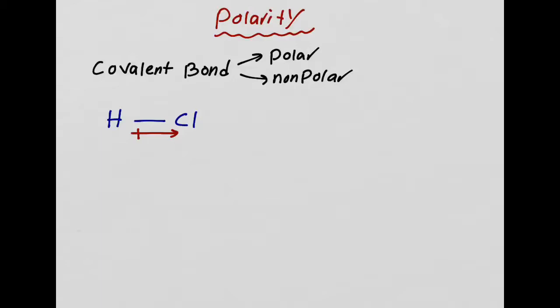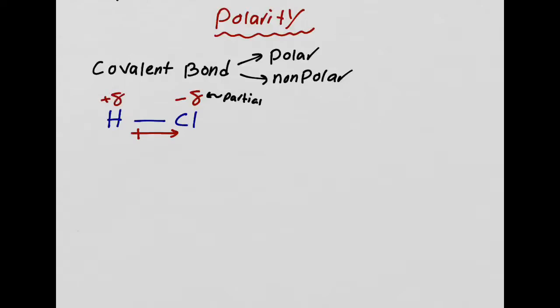Now, because it has more electron than it should, we give it a partial negative. Again, what does a partial mean? Again, this is a symbol for partial, because it has more electron than it should, because it's more electronegative and is pulling the electron toward itself. And because it's pulling it this way, then the hydrogen has a little bit less electron.